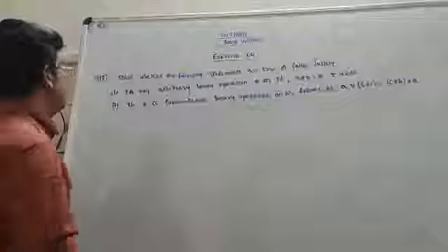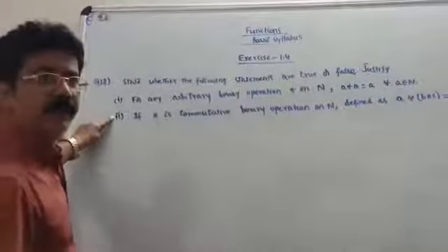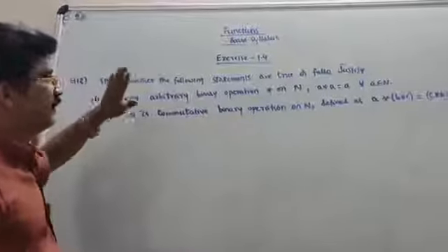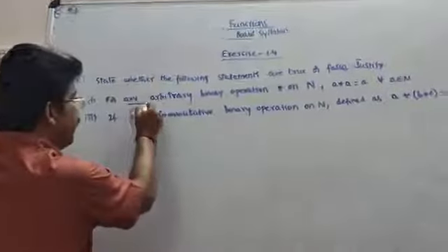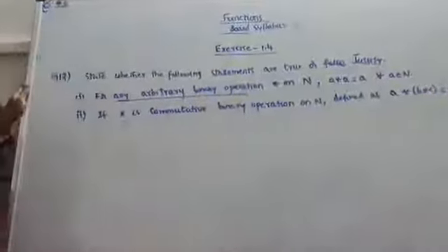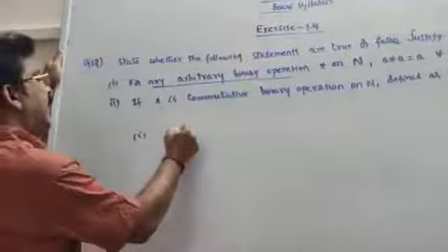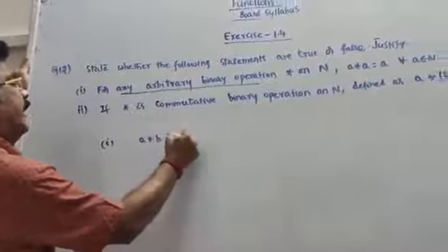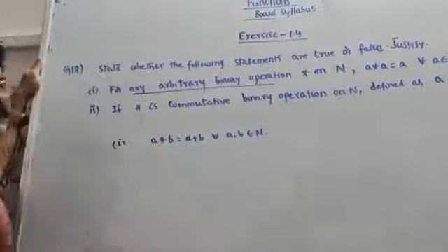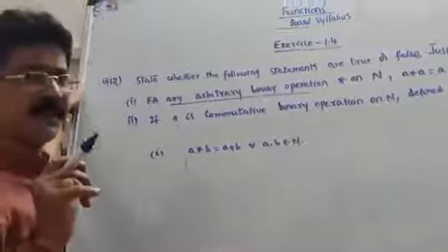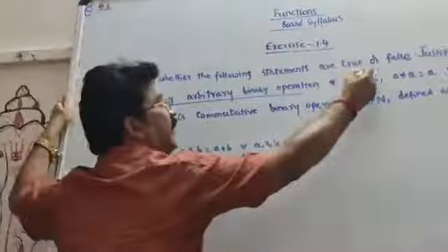That's the problem. Now number 1, 2. Two statements are given. Verify whether they are true or false. Let us consider the first statement: for any arbitrary binary operation on natural numbers. For this I will take A star B equal to A plus B for all A, B that belong to capital N. I choose the operation star defined as A plus B, just like that, for natural numbers.